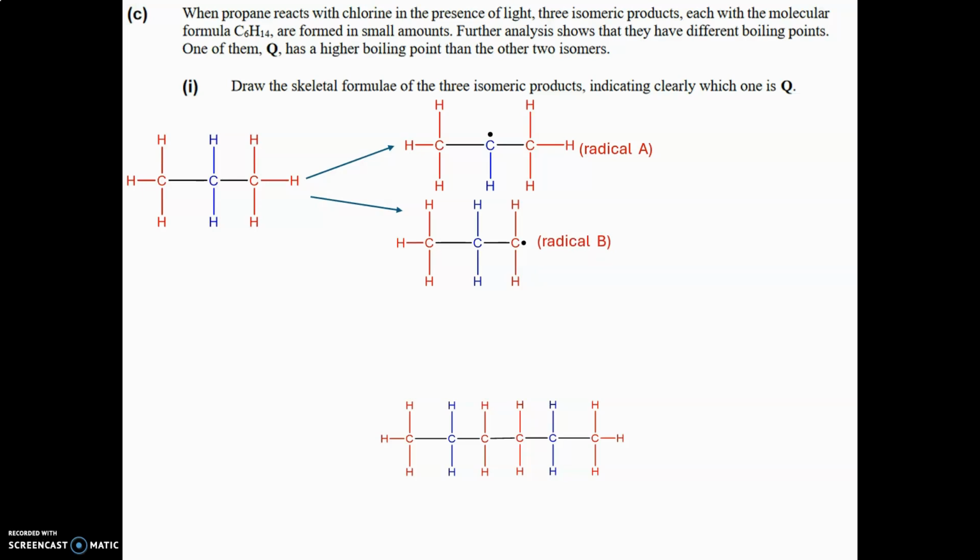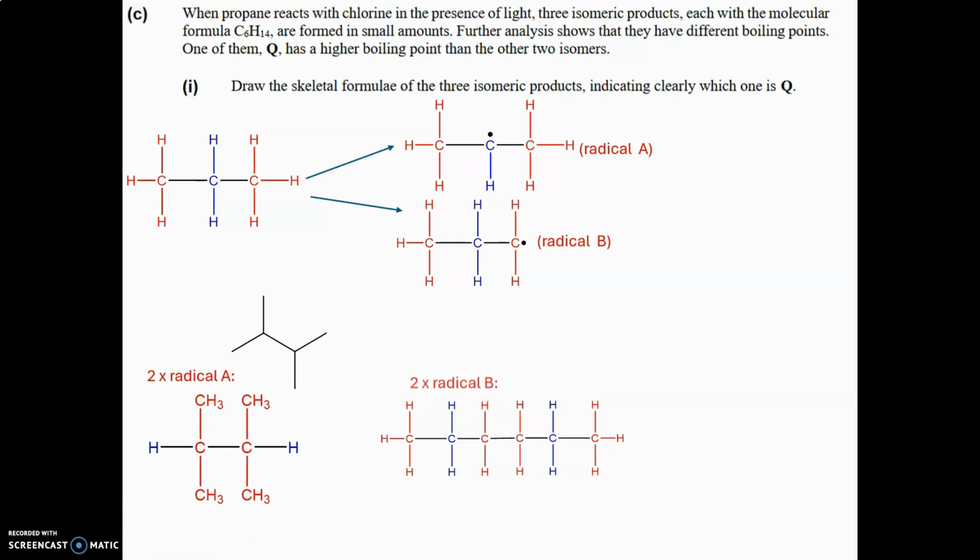So how do the 3 isomeric products come about? You can have 3 cases: radical A collides with another radical A, radical A collides with radical B, or radical B collides with another radical B. If 2 radical A's collide, you will end up with this structure, and that is the skeletal formula.